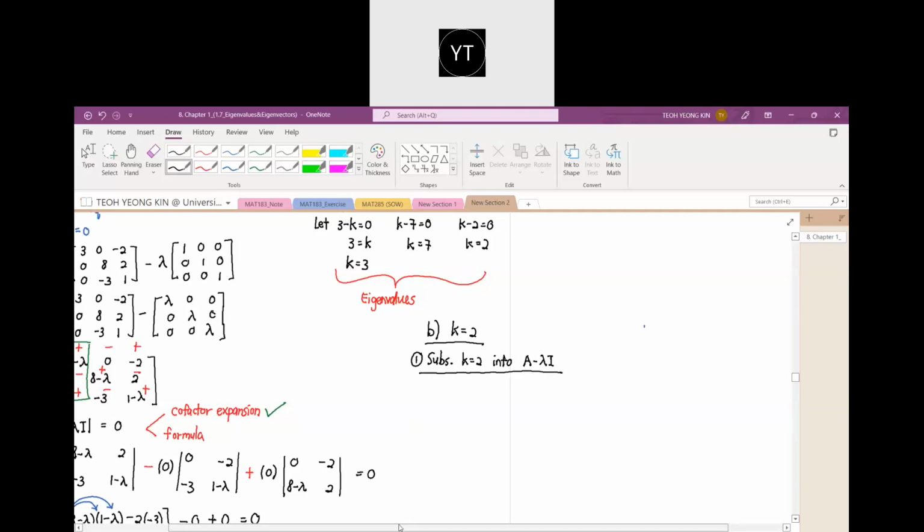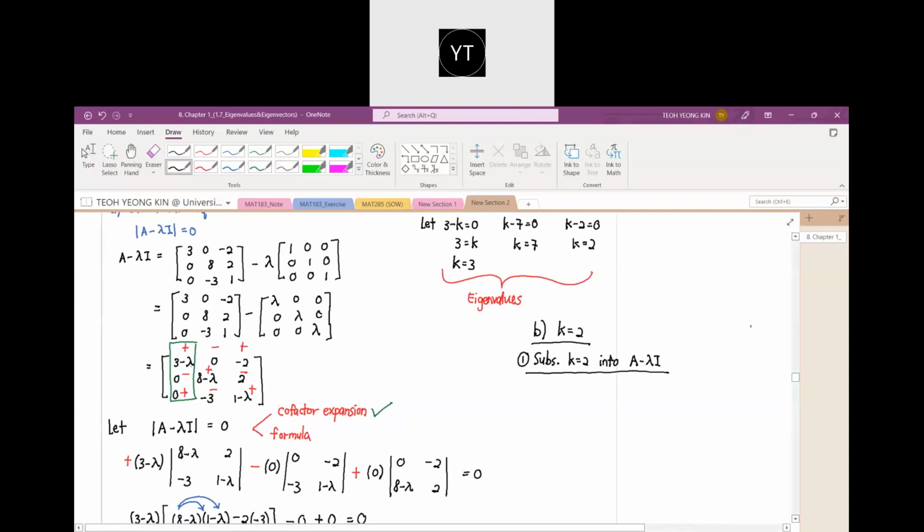What is our A minus lambda I? This is our A, inilah. This is our A lambda I. Here is our A lambda I. A minus lambda I. Yeah. So ganti kat sini. So our A minus lambda I now will be equals to 3 minus lambda.